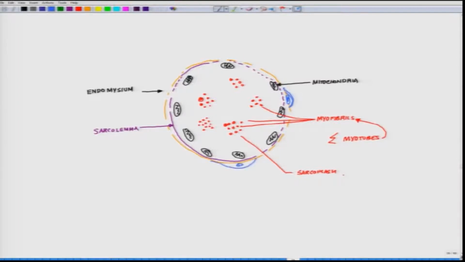They may be present in varied numbers. These are called the satellite cells. These satellite cells are an interesting community of cells. Soon I will come to that, what does that mean. And you see a lot of nuclei out here.